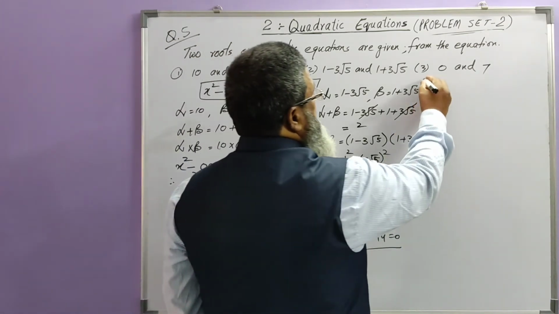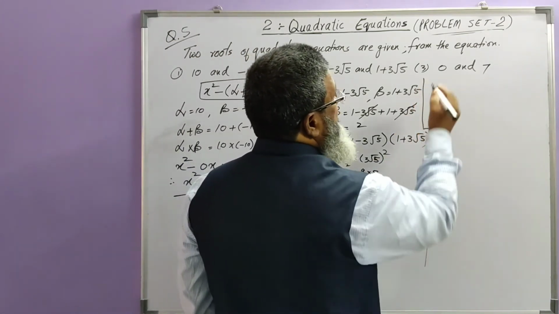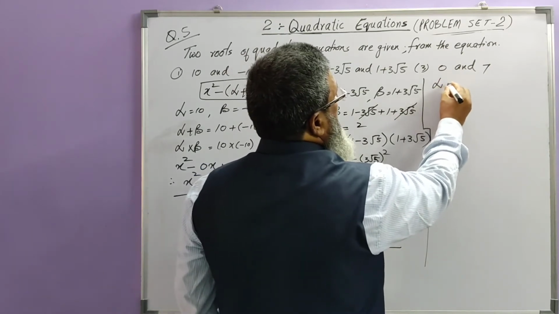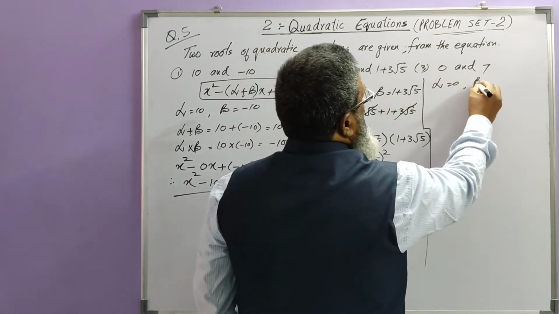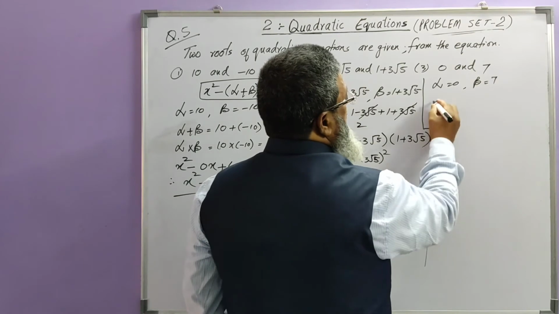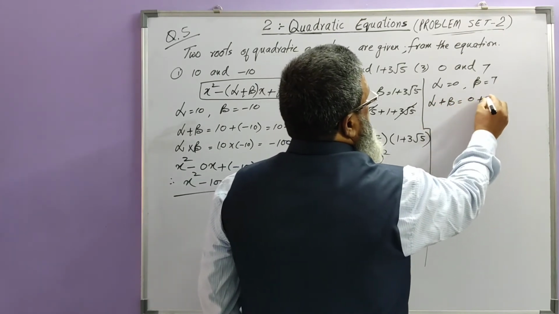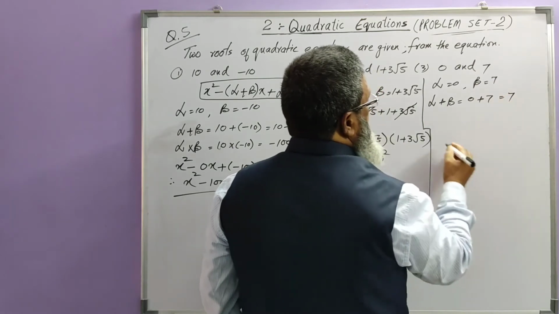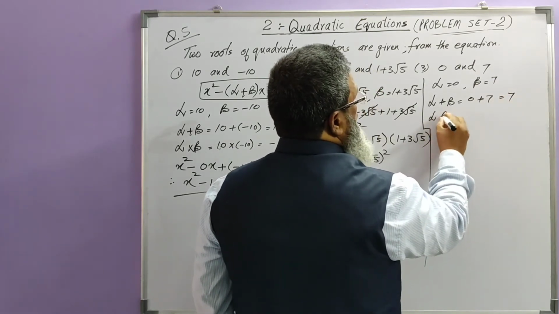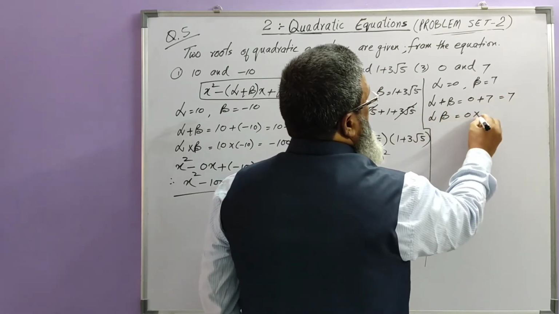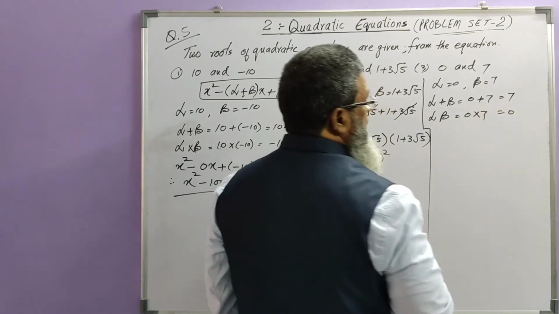Now in question number 3, here alpha is 0 and beta is 7. Find alpha plus beta. 0 plus 7 is 7 and alpha into beta is 0 into 7, which is 0.